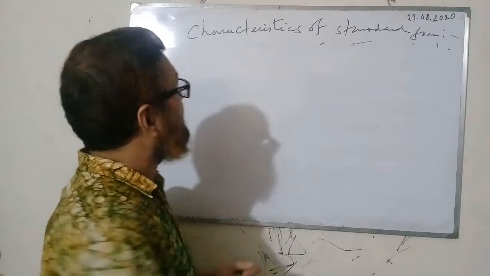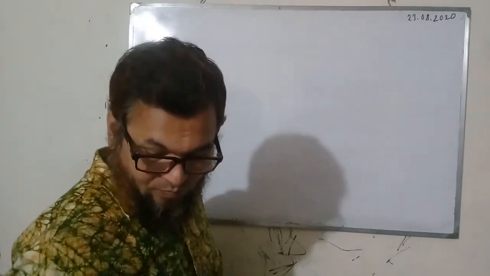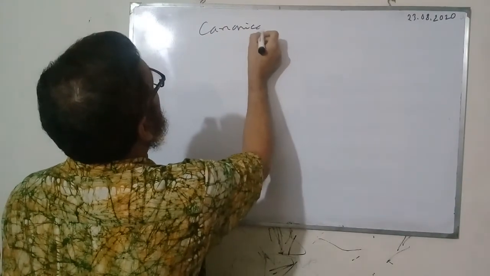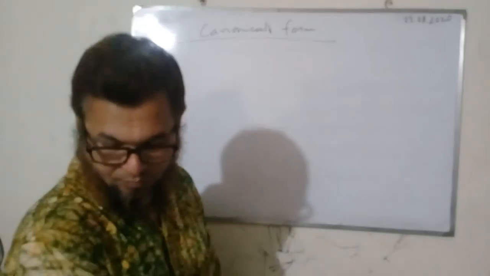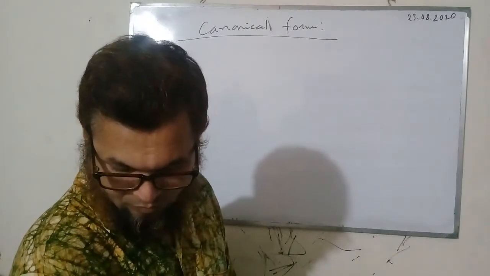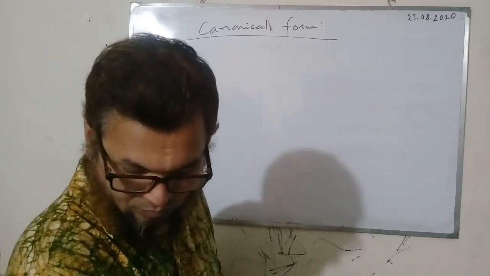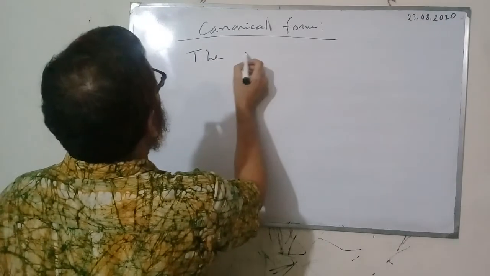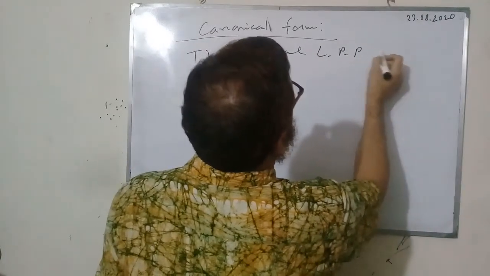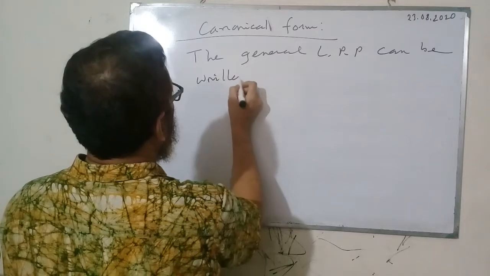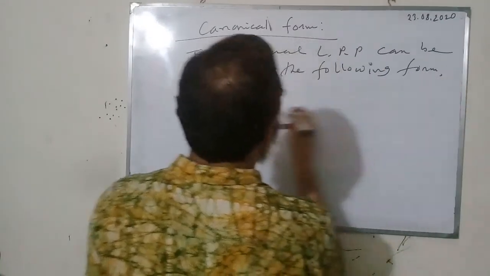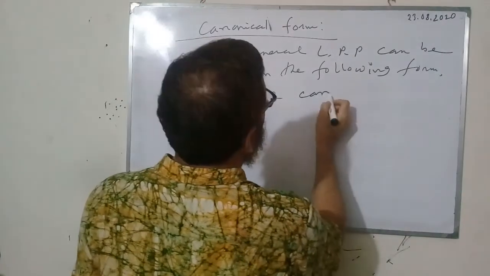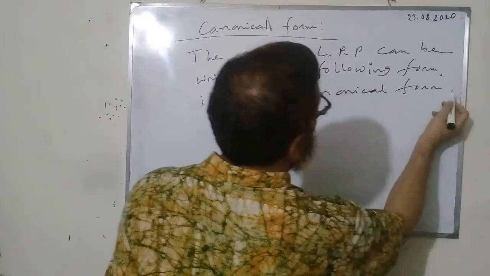Next, canonical form. The general LPP can be written in the following form, which is called canonical form.